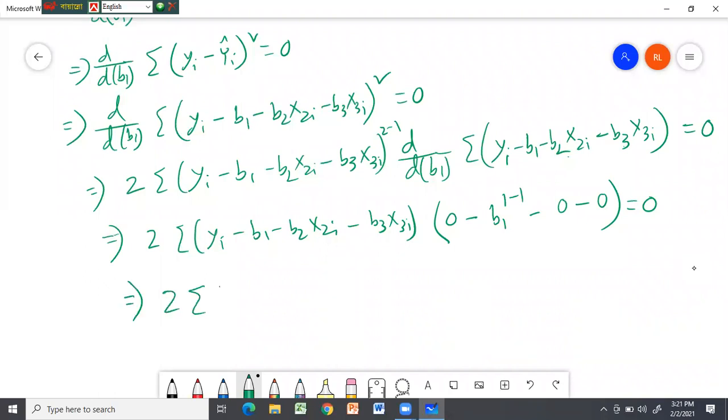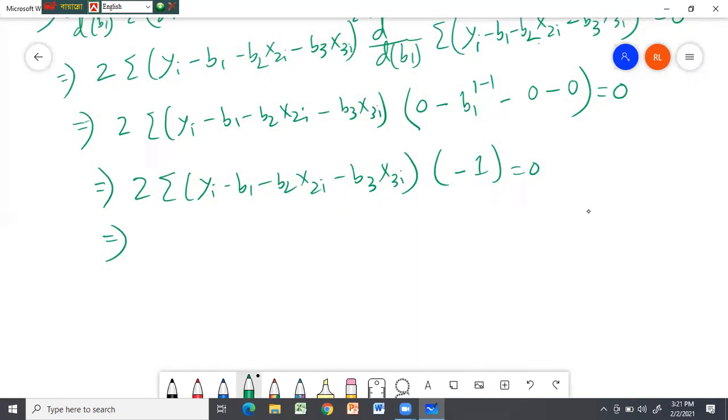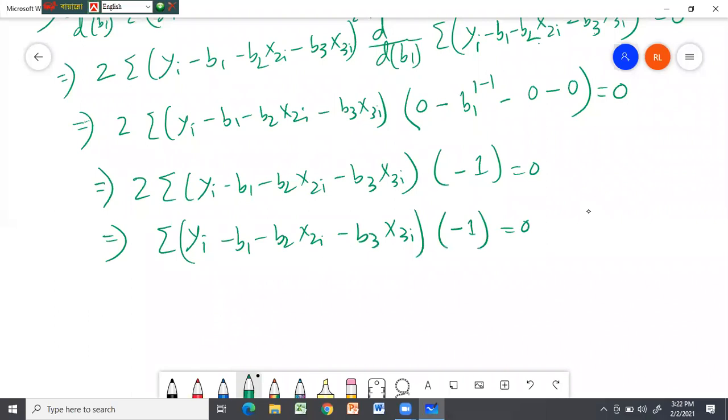After that, the rest of the calculation is the same as you have done in the earlier chapters. This will become minus 1, and the 2 is cross multiplied with 0, so it is 0 as well. The sum of yi minus b1 minus b2 x2i minus b3 x3i times minus 1, and minus 1 is eliminated once you multiply both sides by minus 1.